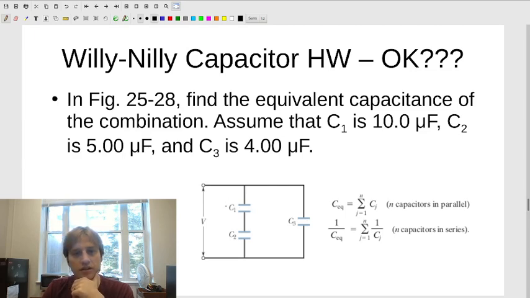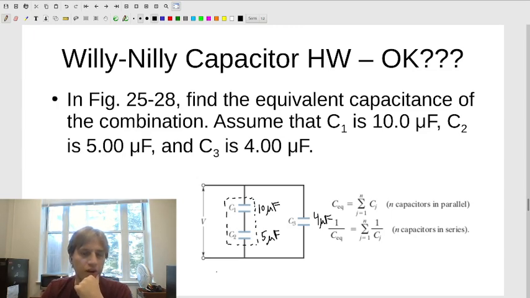All right, same idea in this. I treated this in the last video briefly, but just to put more flesh on the bones of what I said last time. If you've got your C1 that's 10 microfarads, C2 is 5 microfarads, and C3 is 4 microfarads, how would you find the equivalent capacitance of the whole thing? Well, you'd first find your equivalent capacitance of that.